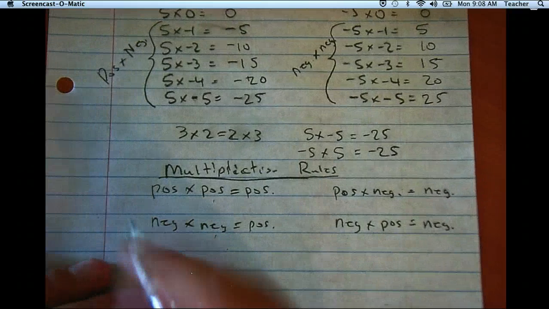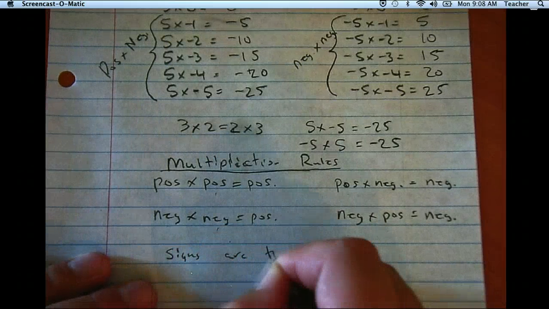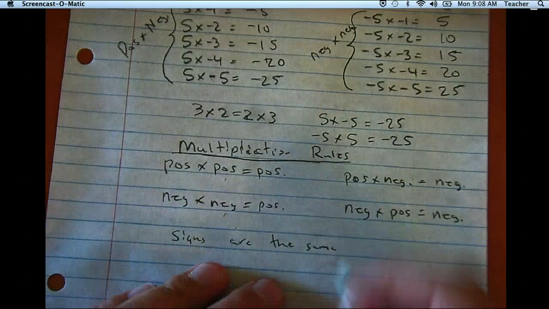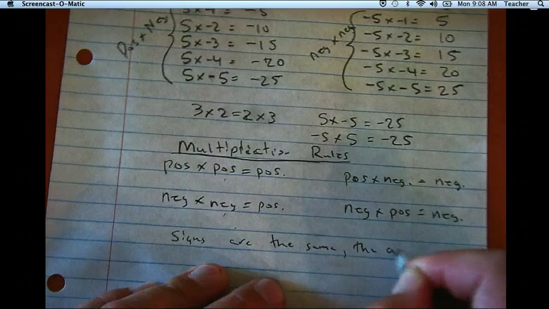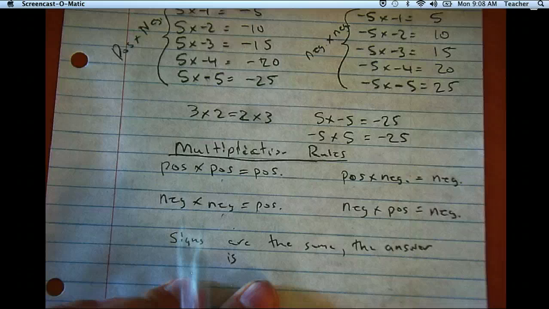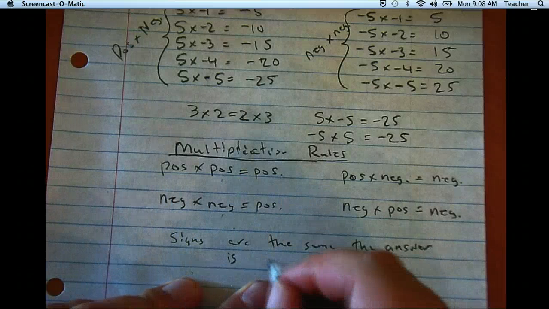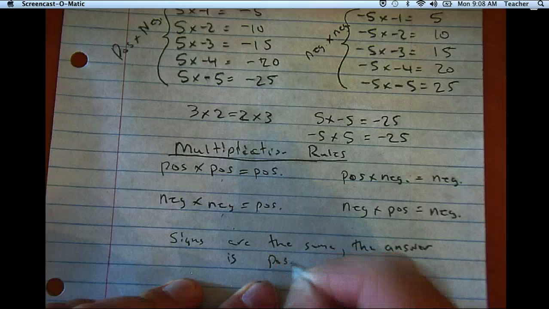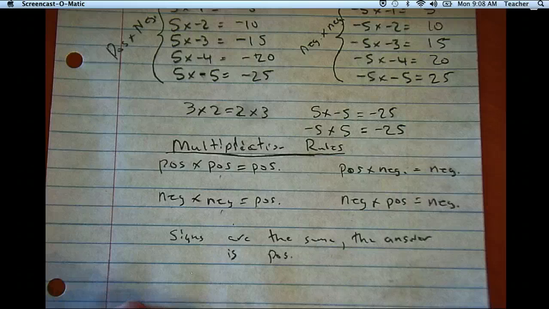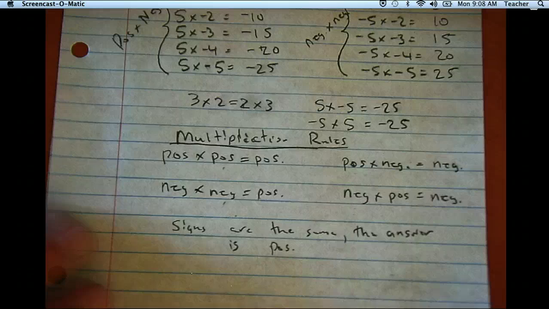So my multiplication rules are, when the signs are the same, the answer is positive. Now these are just for multiplication, and as it turns out, division also. So the signs are the same, the answer is positive.